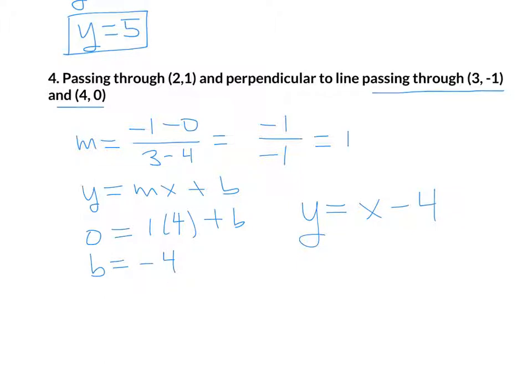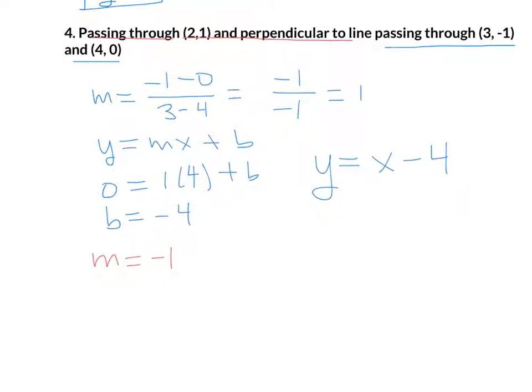Now we want the equation of the line passing through 2, 1 and perpendicular to this line that we just found. So the slope of the perpendicular line is going to be the negative reciprocal. So take the negative of the positive, it's going to be negative, and the reciprocal of 1 is just 1.